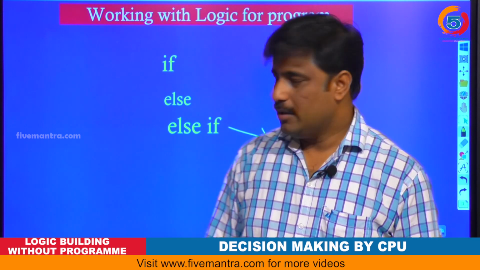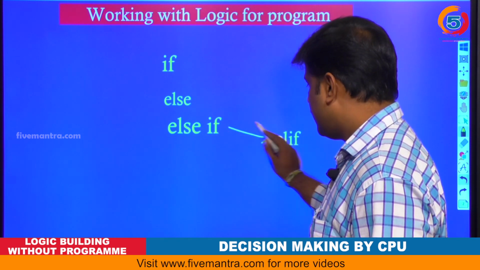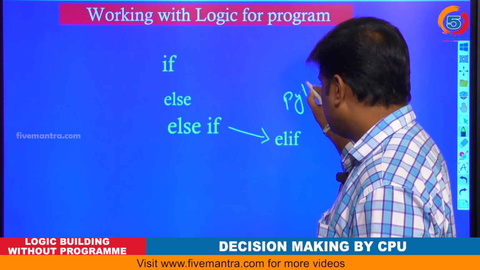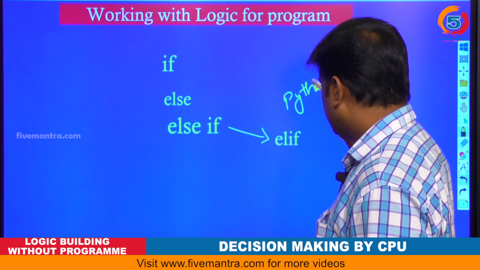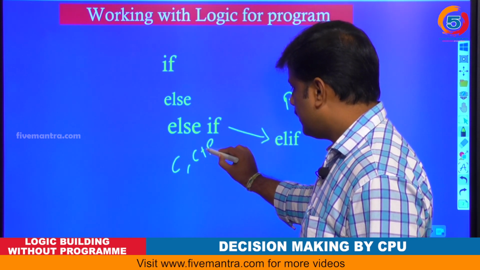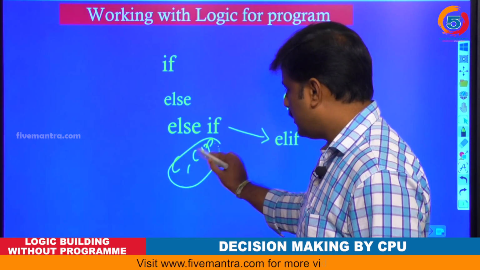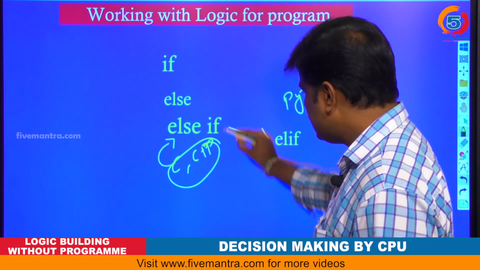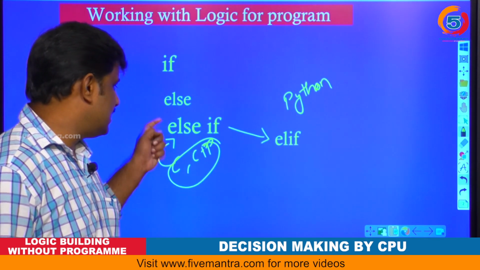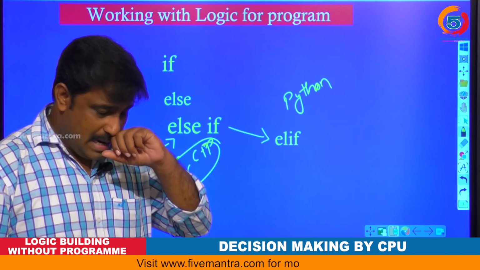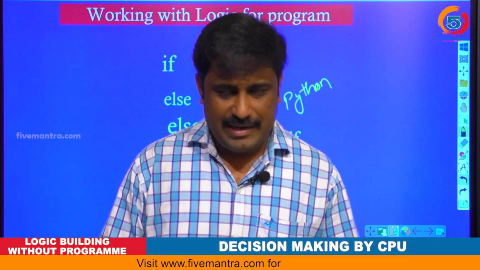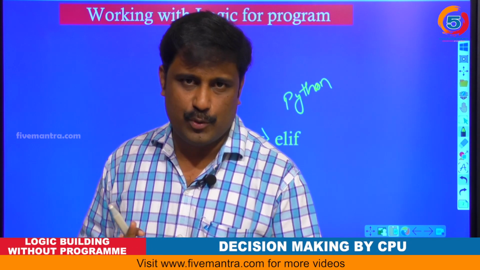But in C, C++, and Java, like other programming languages, it is treated as else if. What is the meaning of this? I'll explain. These are the four keywords we are using: if, else, else if, and elif. Using these four keywords we will implement all decisions, right? When we implement, we use these keywords directly.